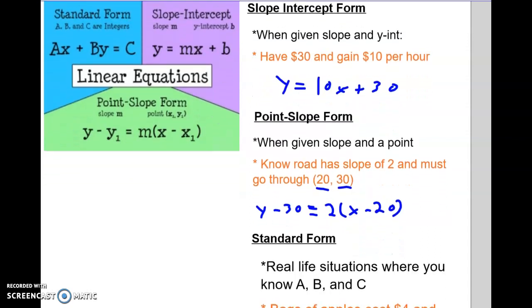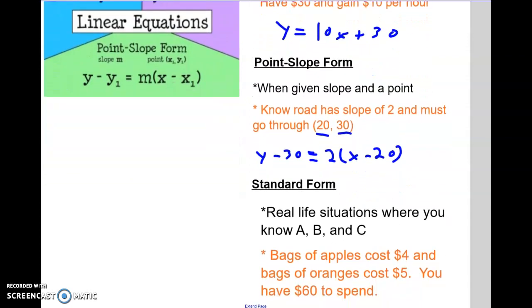Okay, and then the last form, standard form, is kind of a weird situation where you have x and y on the same side. So it's ax plus by, sorry, this is bad handwriting, equals c. And it's useful, again, for certain situations. So the one that's most common for standard form is just a real life situation. So the one that I've got up here for you is a bag of apples is $4 and a bag of oranges is $5, and you have $60 to spend.